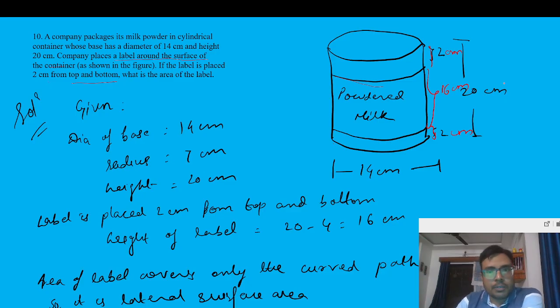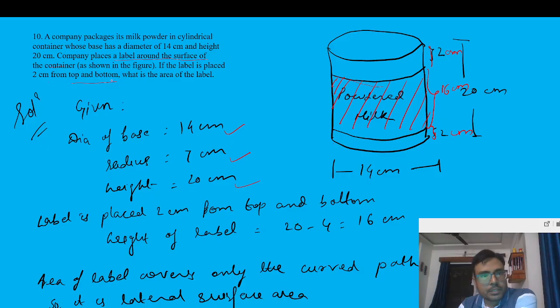What is the area of the label? So you have to find what is the area of this curved part. Okay, now base is given 14, so radius will be 7, height is 20. Label is placed 2 centimeter from top and bottom, so you have to find the height. Now area of label covers only the curved part.